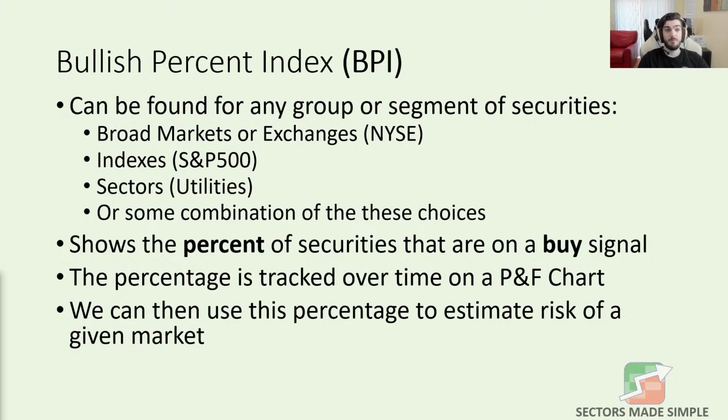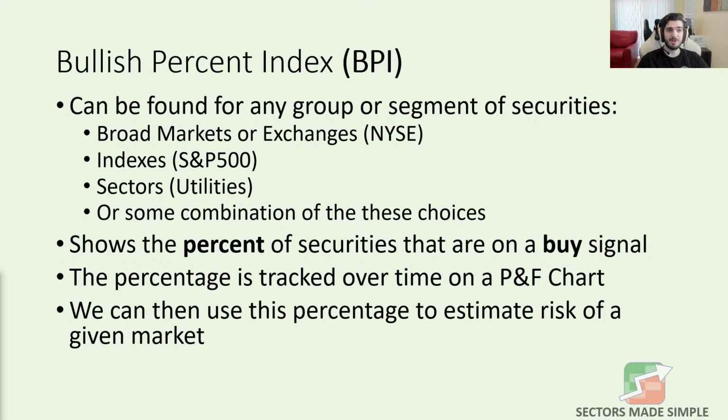But because the BPI is only made up of companies on buy signals or sell signals, it is an indicator of the performance of that group, market, exchange, whatever it might be. So now we know what BPI is. But let's now ask, how is BPI calculated?